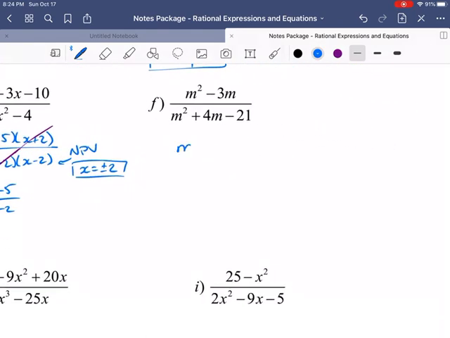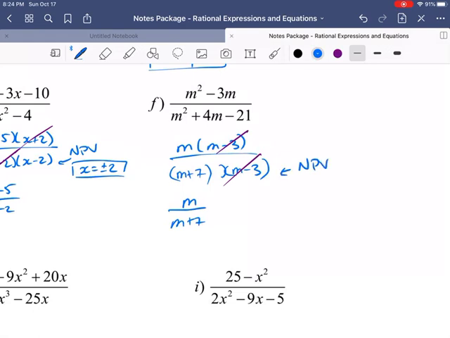Factor your numerator, and factor your denominator. Hello, see you later. So you're left with m over n plus 7, and your non-permissible values, again, do it at this stage before you simplify anything else. So m cannot equal negative 7 or positive 3.